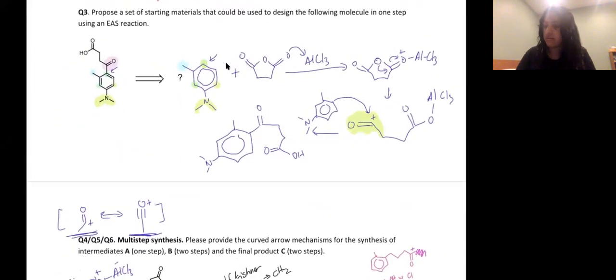So this is for question 3, right? This reaction with an anhydride and AlCl3, if you're adding this group, that's an acylation, and that would be Friedel-Crafts. But there's an amino group on here which deactivates the benzene from a Friedel-Crafts. So this problem is kind of silly because you shouldn't be able to do an acylation on that benzene.